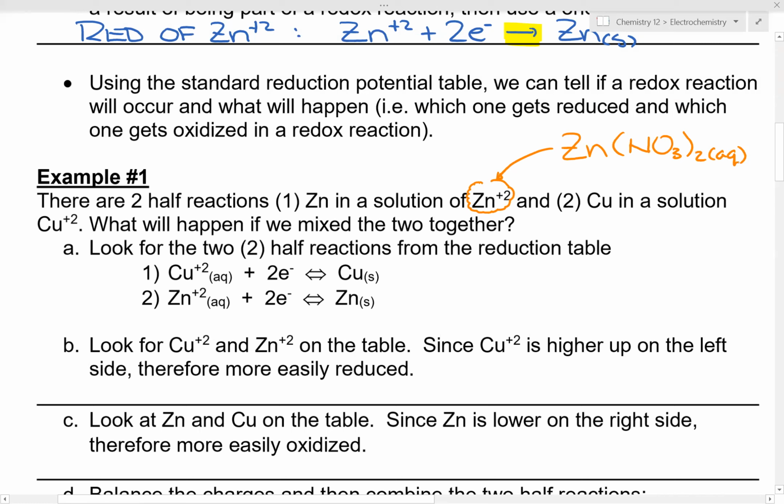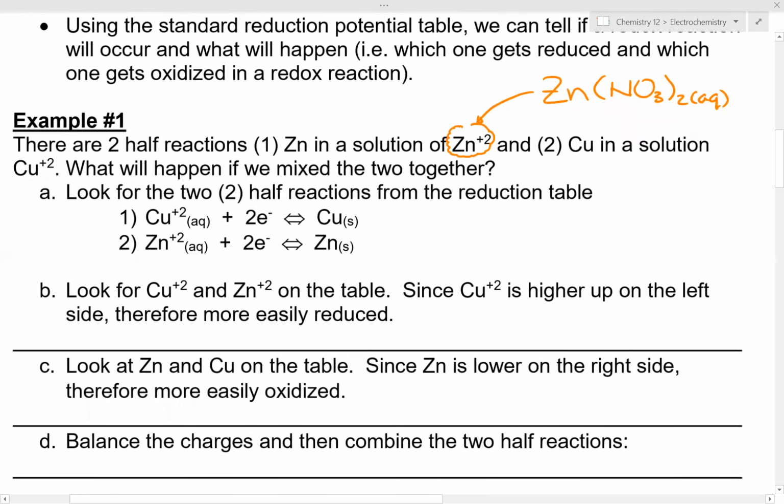So what you have is the zinc ions and a zinc solid, right? But the +2 ions are neutralized by a negative ion. Okay, same idea with the copper 2 plus. So it says in a solution of copper 2 plus, instinctively think of something like copper 2 nitrate or copper 2 sulfate, something with a positive and negative ion.